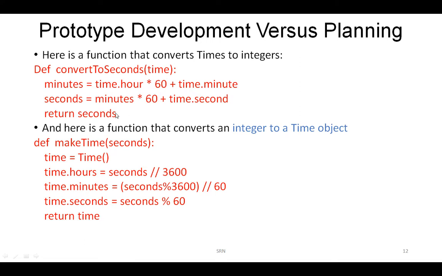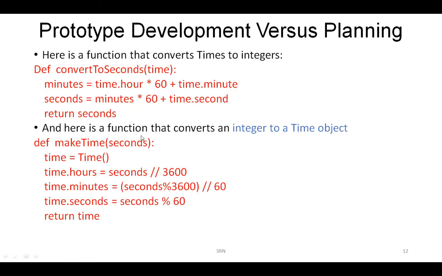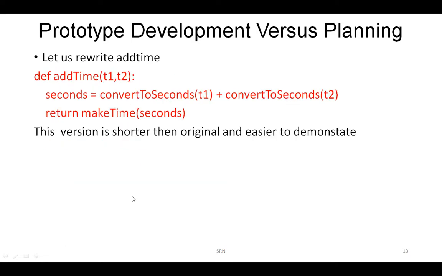So the whole time is converted to seconds. Then return make time seconds. Whatever value this is returning is passed as an argument to the make time function, and it will convert this to this time. So this version is shorter than the original one and easier to demonstrate.